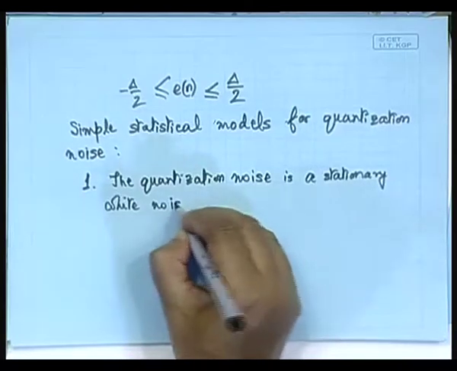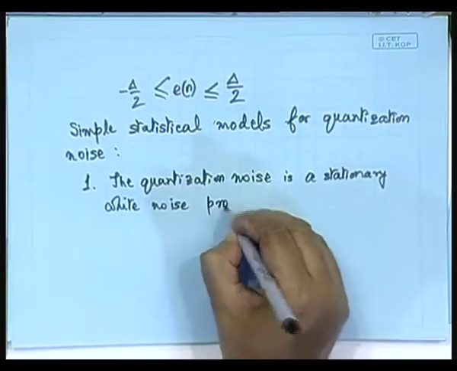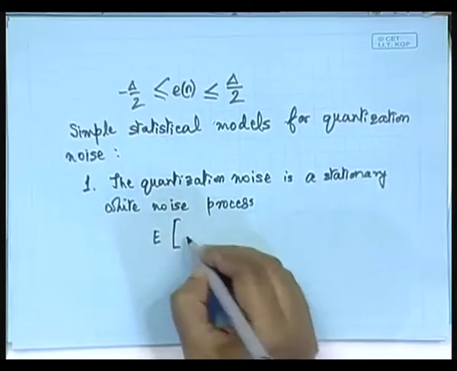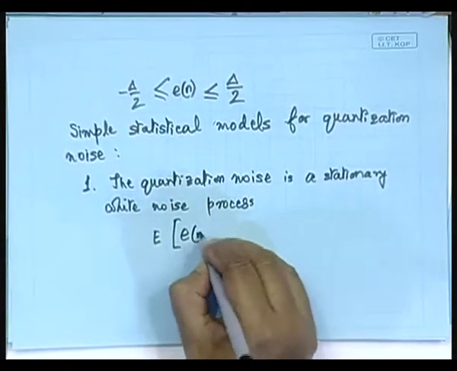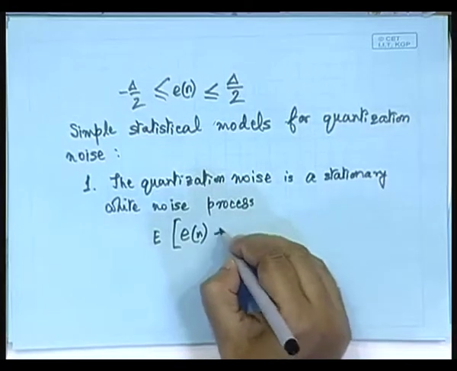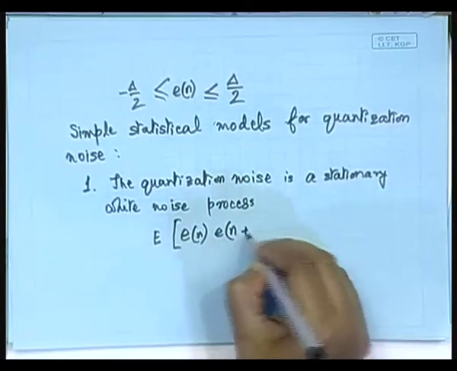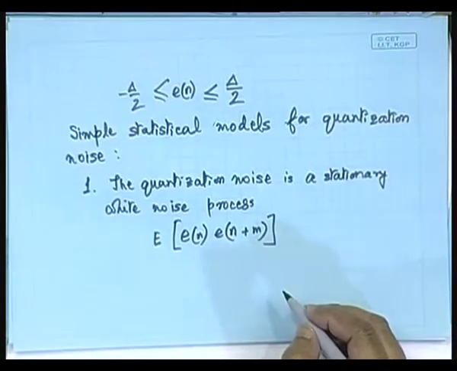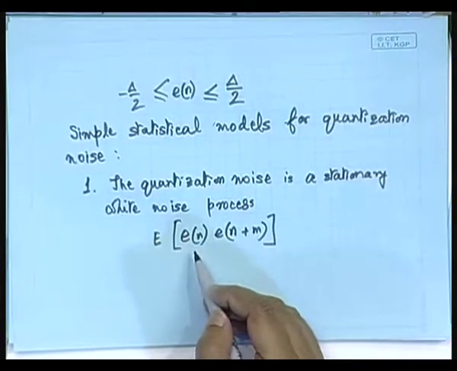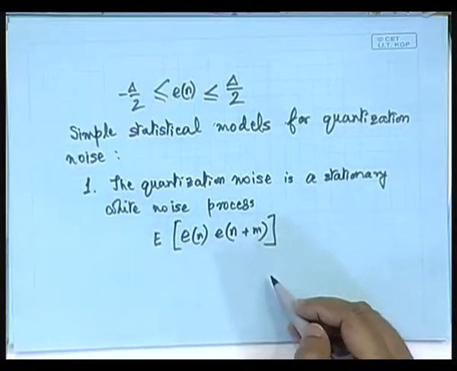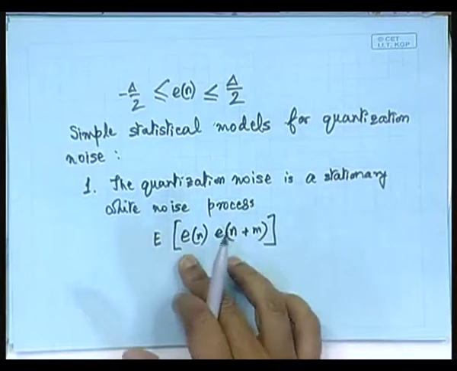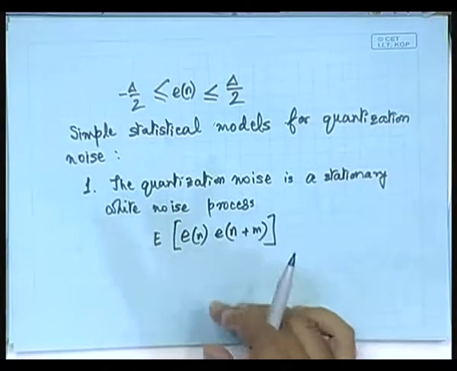Under this assumption, we can write the expectation of E n times E n plus m, where m is a displacement, because E n is the nth sample and E n plus m is a sample that is m samples ahead of E n.